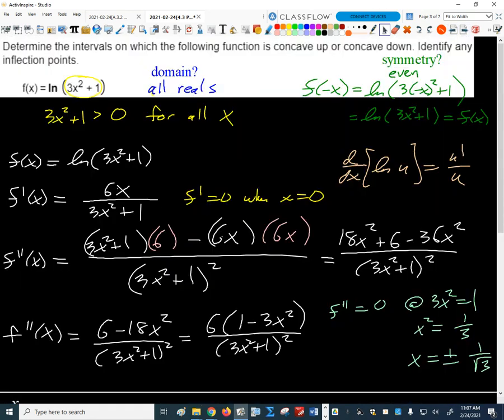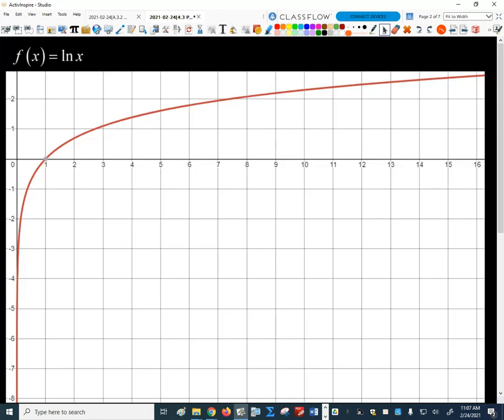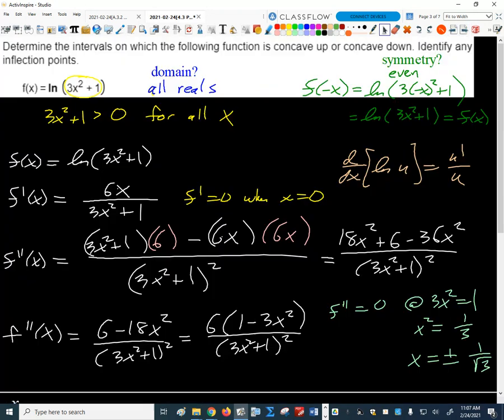We said our domain on this one is all reals, isn't it, right? Because we can plug any value in and any value is going to give us a positive output of this polynomial, which gives us the input of our log function. And the only restriction for logs is, remember that the input of a log has to be positive. Okay, so no matter what x we pick, the input for our log function is positive. So all real values of x are good.